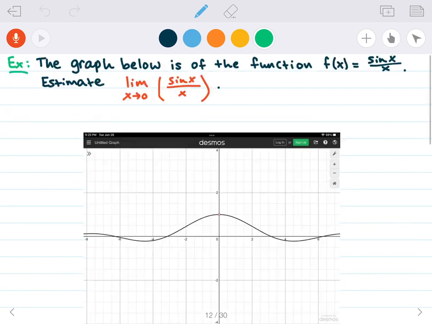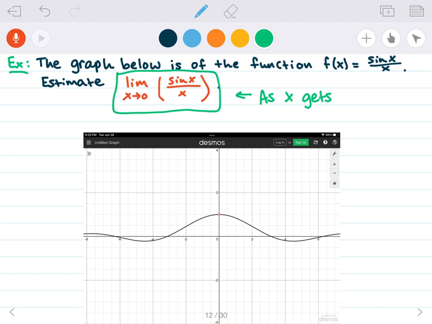All right. So let's get some intuition about what a limit is. Okay? So what does this mean? We're trying to figure out what y value this function goes to as x gets close to 0. So let's write that in words. As x gets close to 0, what does y get close to?